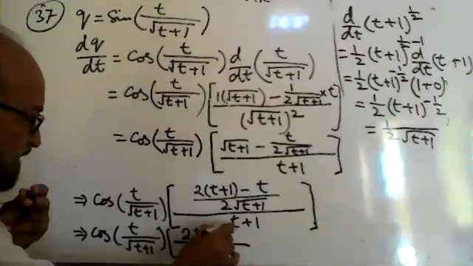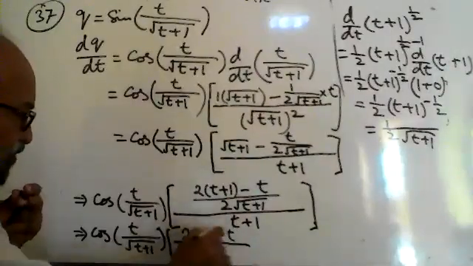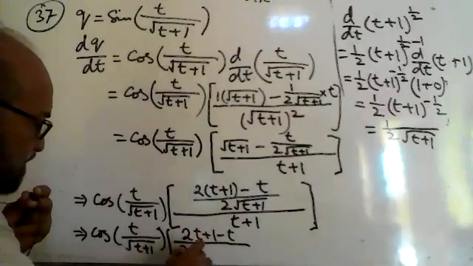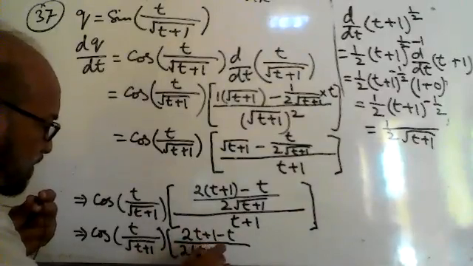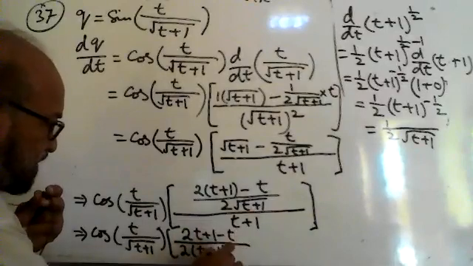That will also come down. 2 into t plus 1 into under root t plus 1.